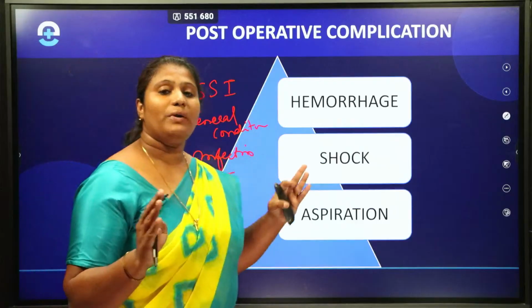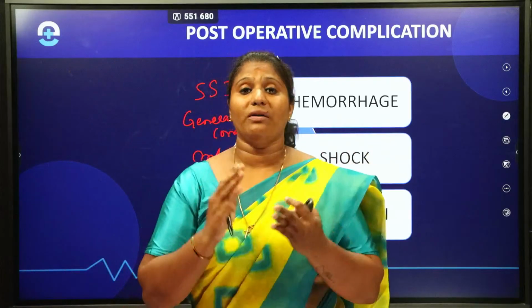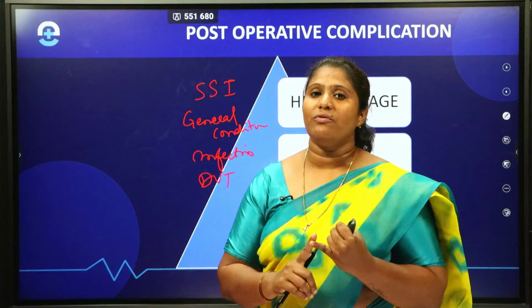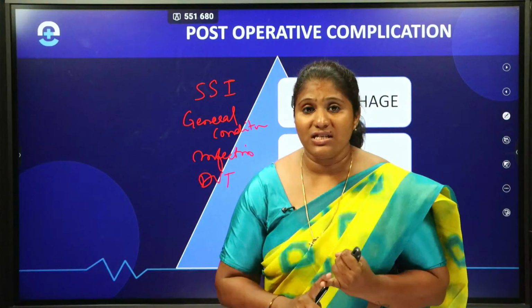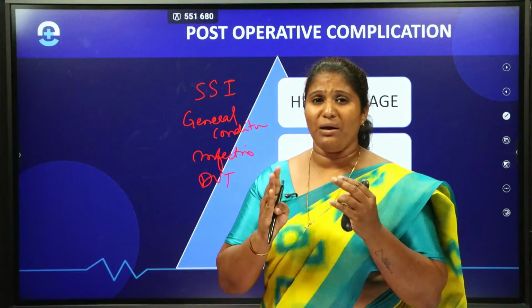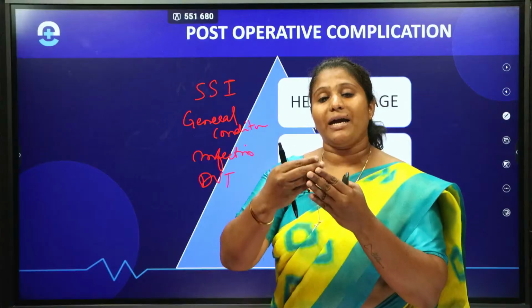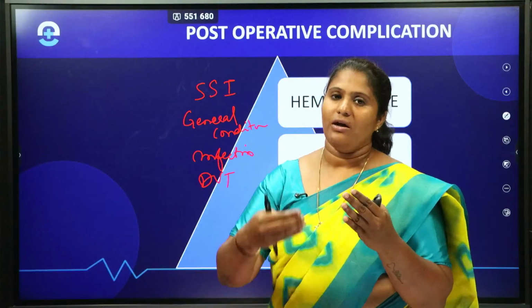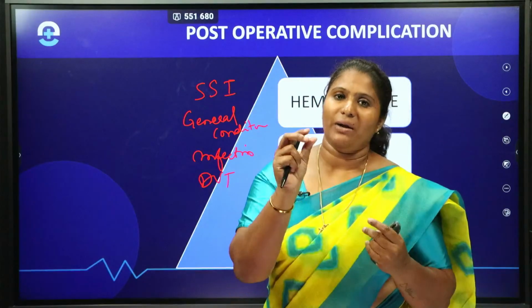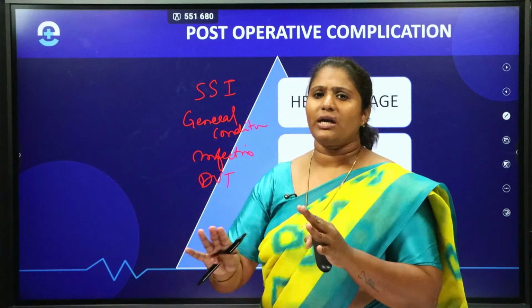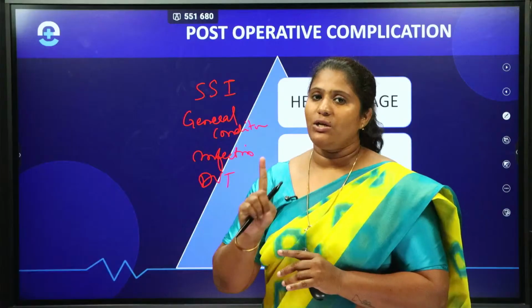So to recover the patient or prevent the complication, we as nurses need to give proper care after the surgery. Okay, that is the main important thing. Before the surgery also, but there we are preparing the patient. Whether the patients are on certain medications or have certain blood tests, we check everything and send the patient into the OT.